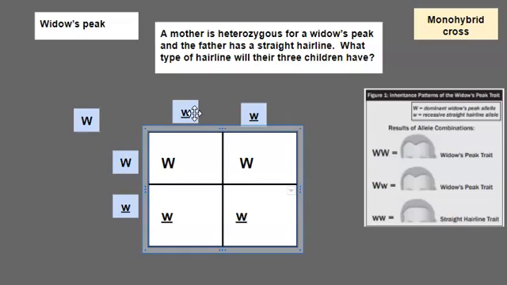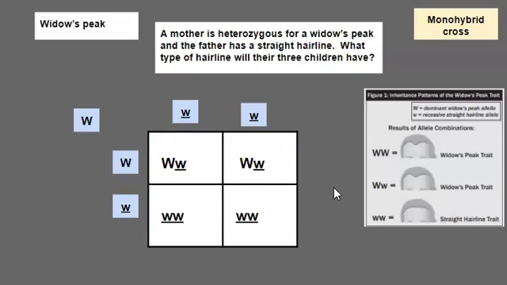Now dad's alleles are both recessive, so this allele will travel down this box, and the allele will also travel down to this box. And likewise, the same thing on the other side. The allele travels down to the first box and then the second.